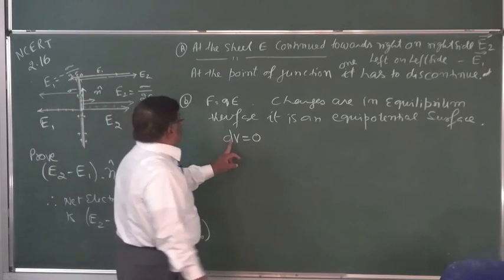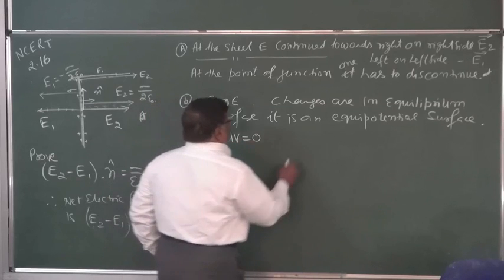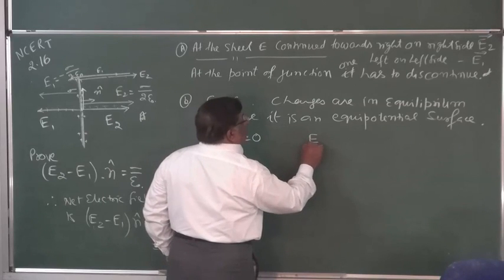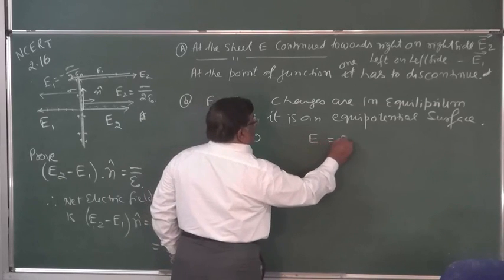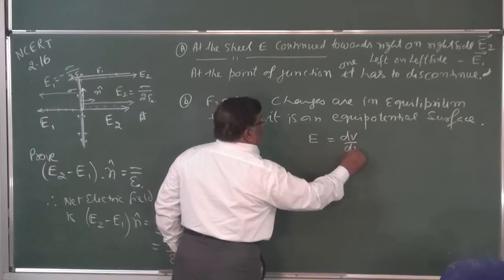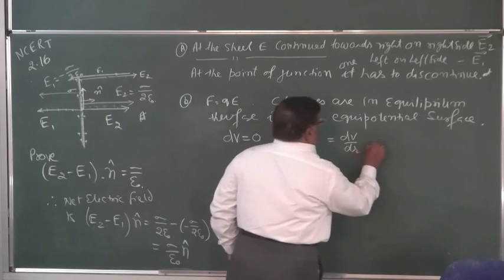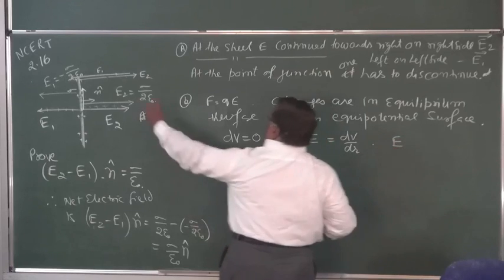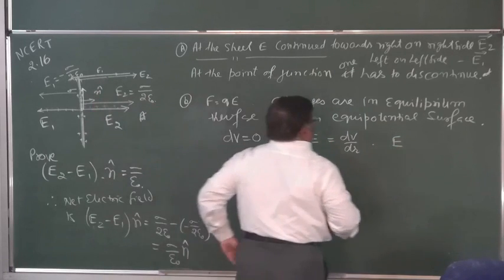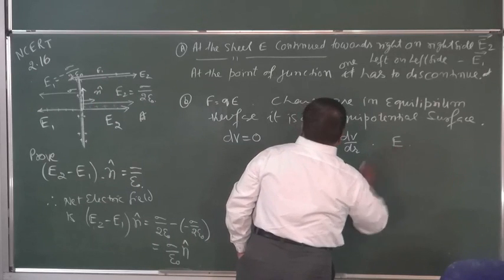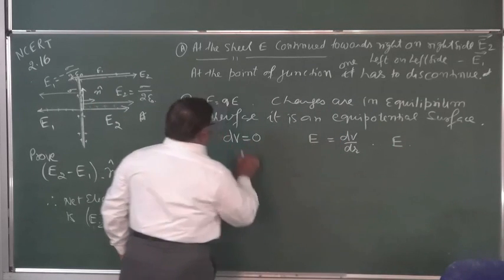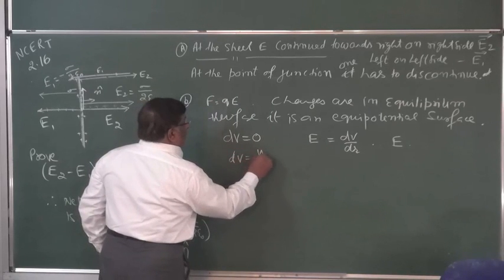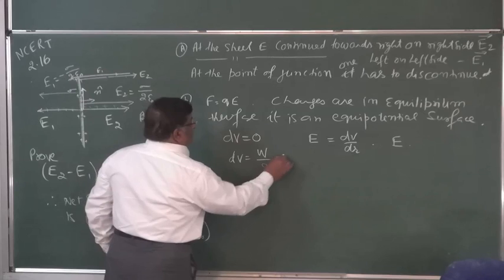Now if on an equipotential surface dV is equal to 0, then how much is E? Our answer is E is equal to dV by dr. Therefore, for the electric field that is along the surface, dV is equal to 0, and dV is the work done per unit charge.